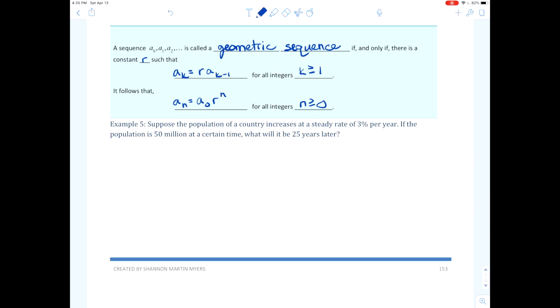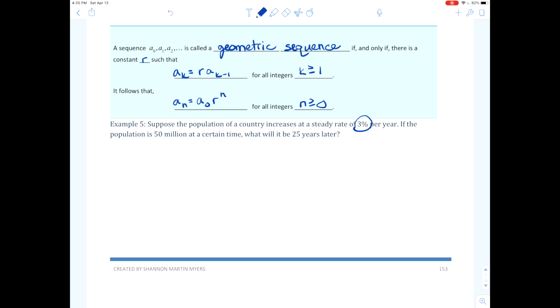Okay, well, how could we look at this? We know that it's increasing at 3% per year, right? But you have to be a little bit careful here because 3% is just the amount of increase.